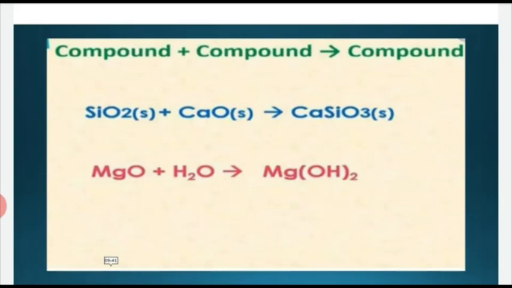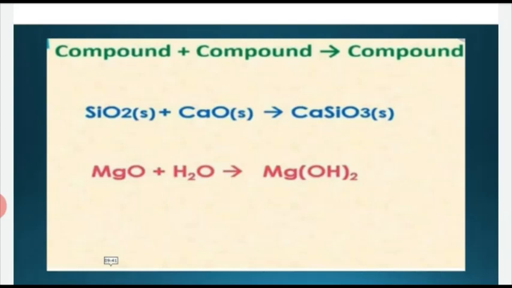So silicon dioxide reacts with calcium oxide, CaO, which gives calcium silicate, CaSiO3. Next, MgO plus H2O which gives Mg(OH)2.